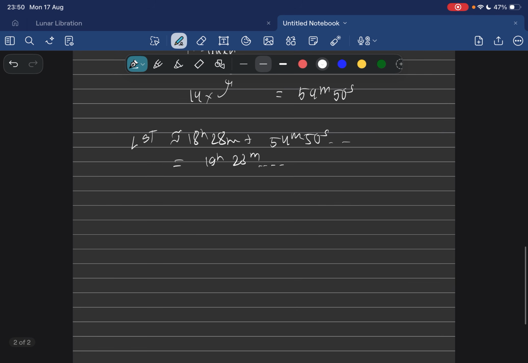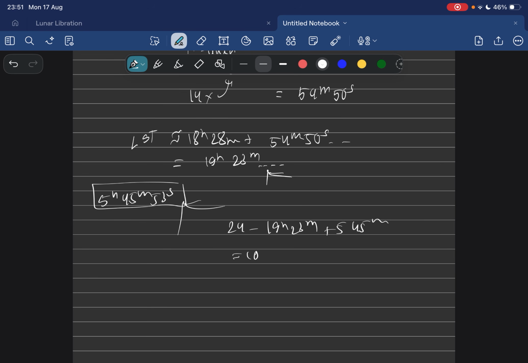Okay, so we need to find when LST reaches 5 hour 45 minute 53 second, because this is the time when it will rise. So at 6:28 p.m. the LST is this, but we need the LST this. Then 24 minus 19 hour 20 minute plus 5 hour 45 minute, it is going to be 10 hour 16 minutes, something like that.